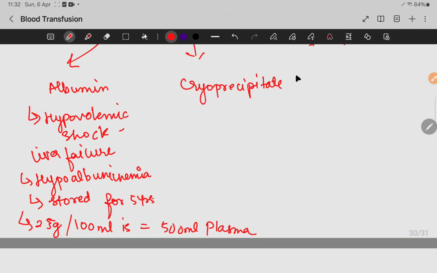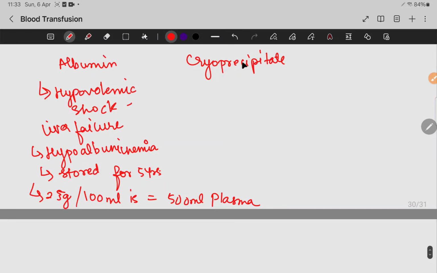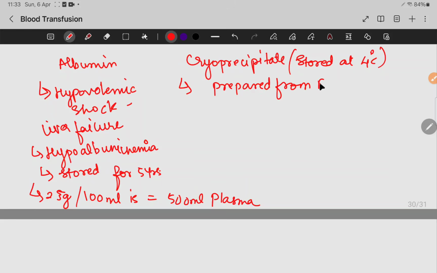So we'll move on to the cryoprecipitate. So cryoprecipitate, it is stored at 4 degrees Celsius. Okay, one more important point is that it is prepared from FFP and used in bleeding disorders to replace the clotting factors.